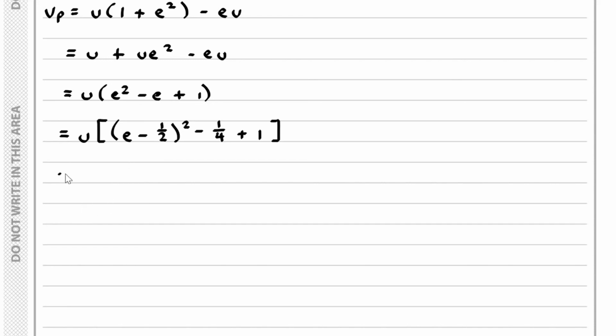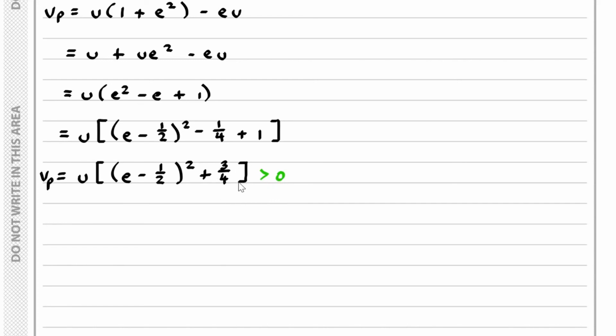So I've got vp equaling u lots of e minus 1/2 squared plus 3/4. Now, what you need to know about all of this is it is going to be greater than 0, because e minus 1/2 all squared is greater or equal to 0.